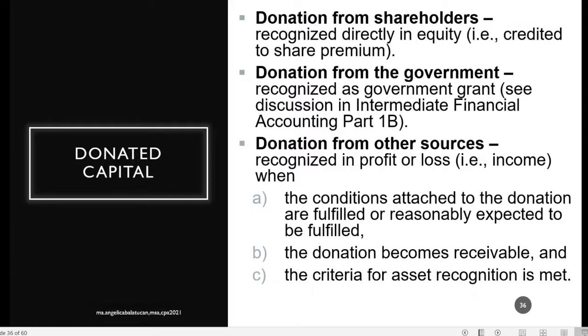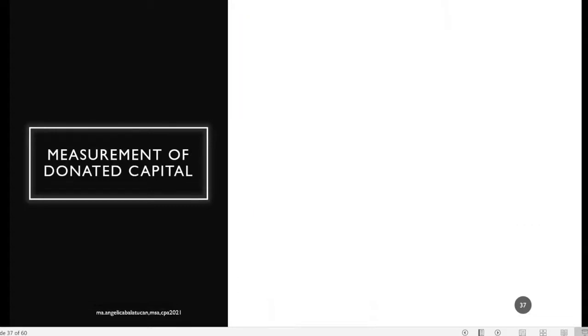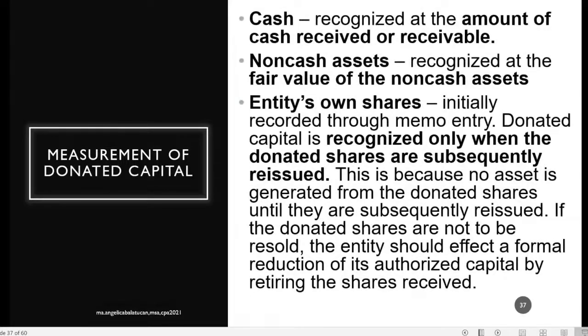So what are the forms of donated capital? It could be cash, non-cash assets, or entities' own shares. If it is in the form of cash, it is recognized at the amount of cash received or receivable. If it is a non-cash asset, it is equivalent to the fair value of the non-cash assets.